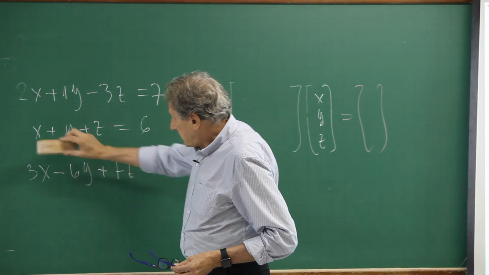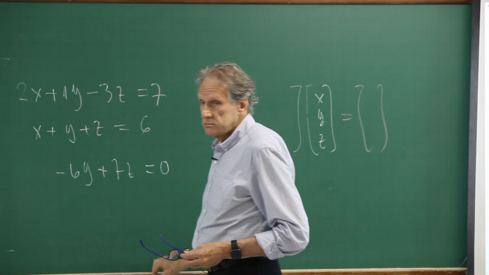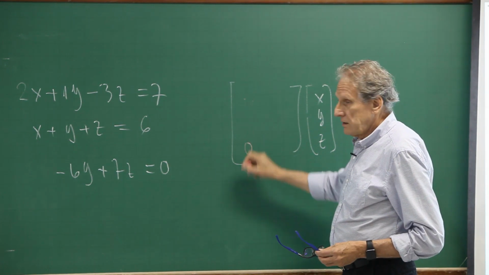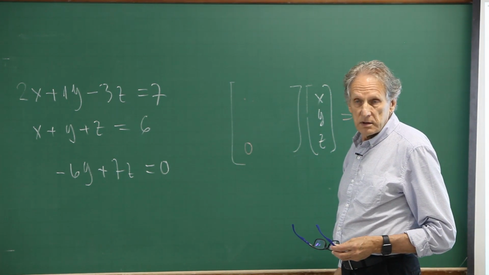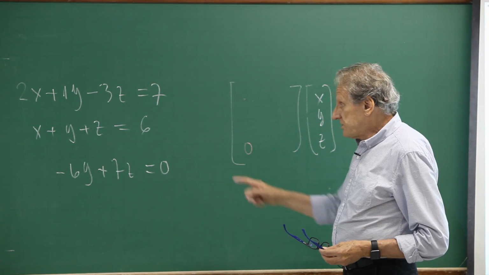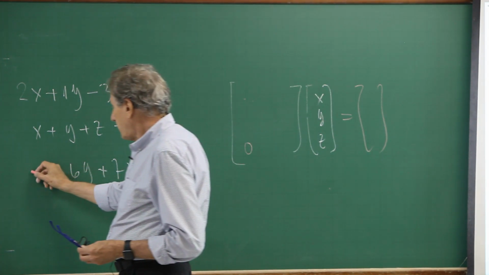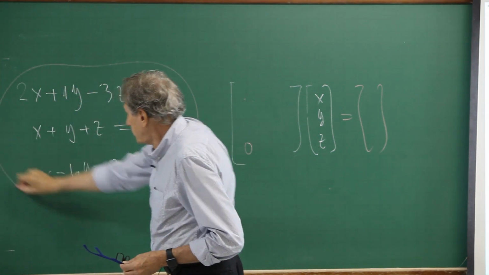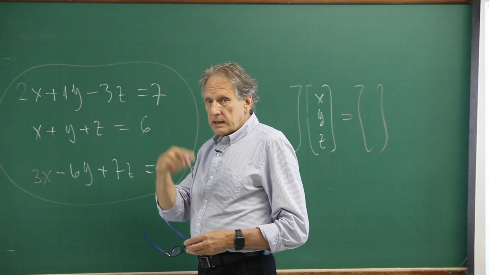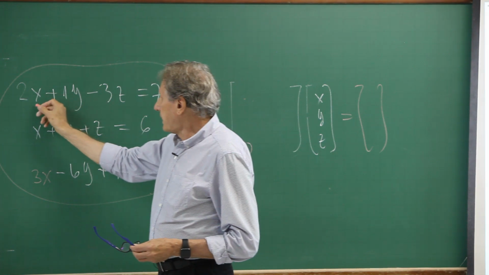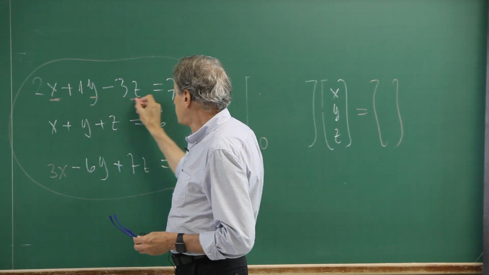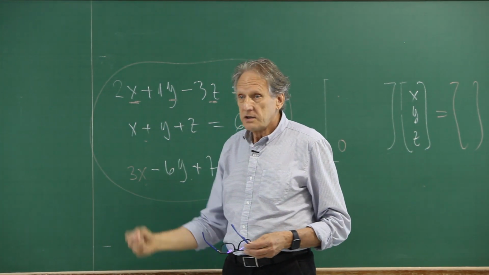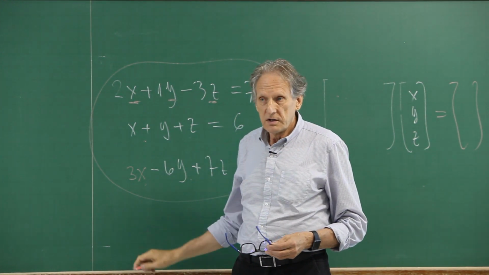Of course, if I drop this one, there will be a 0 here, right? It shows up as a 0 there. So it's nice to have your system that you want to solve with all the variables, x, y, and z, to avoid zeros in your matrix.